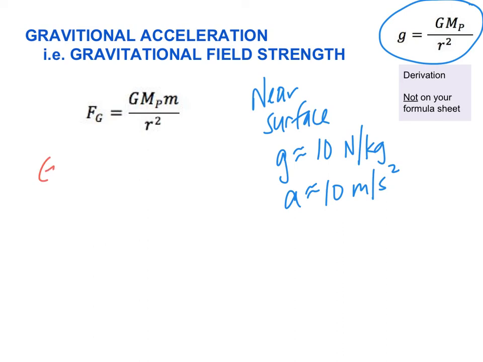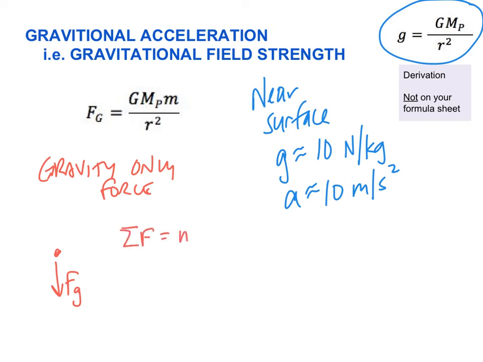If gravity is the only force on an object, then if we were to draw a free body diagram for that object, the gravitational force would be pulling down, or towards the center of the Earth, and so the net force would just be this formula up here. I've changed my variables just a little bit in the last few slides.